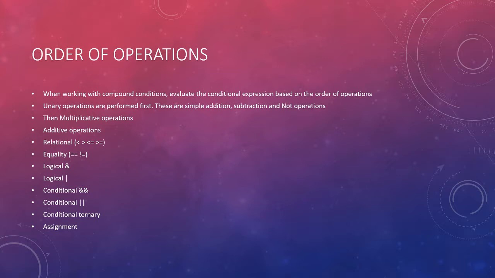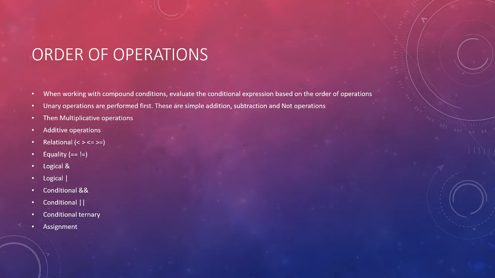Our order of operations can also affect the way things work. If we try to get really, really complicated and do all sorts of work inside of our conditional statement, unary operators are performed first. Those are addition and subtraction values that apply to one variable, like plus, plus, minus, minus, those sorts of things, and a simple not operator.